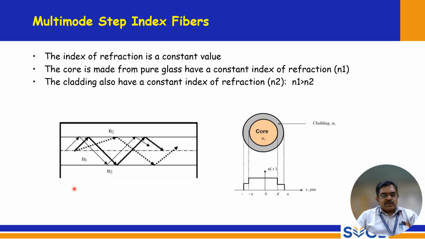The core has N1 index of refraction, and the cladding has N2 index of refraction.